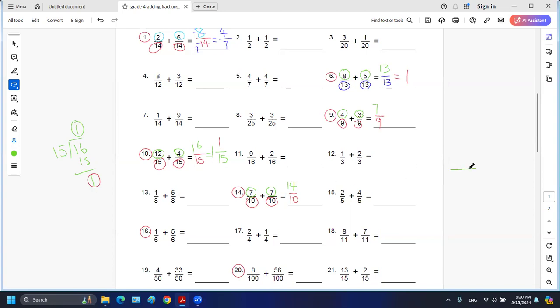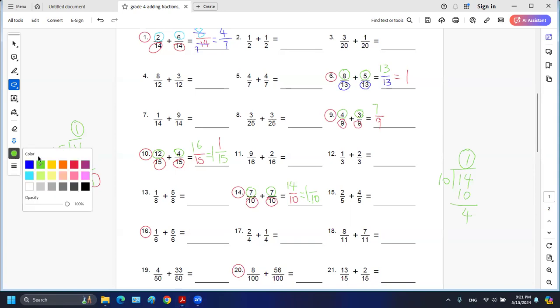So 14 divided by 10 is 1, and remainder 4. So the answer is 1 on the side, 4 over 10.